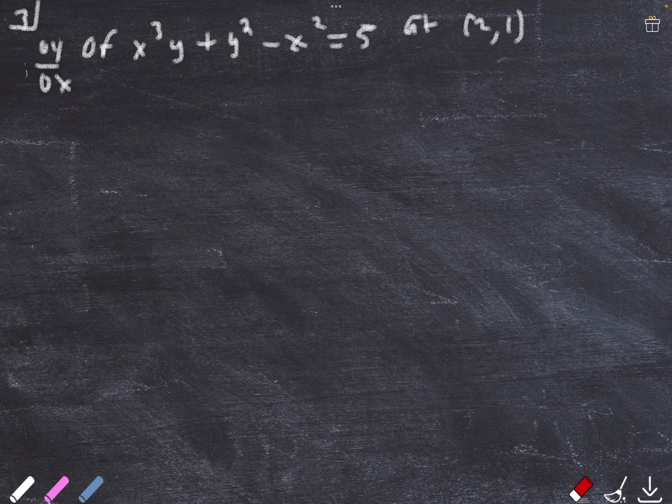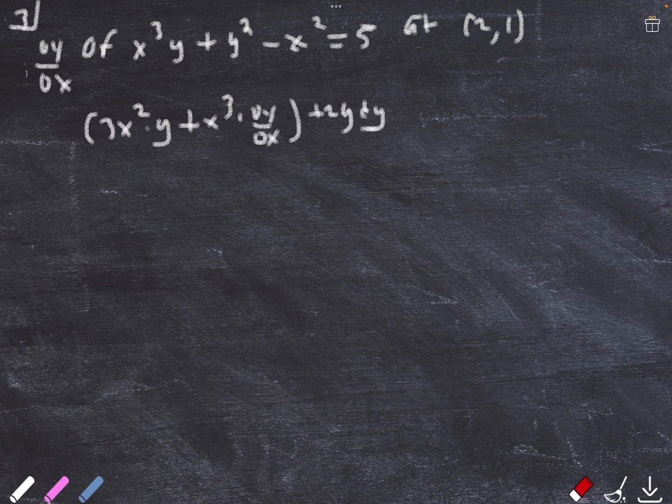So this here is going to be our third equation, and this one's very similar to the first one. So let's get started. Here we're starting off with the product rule. We're going to find the derivative using the product rule. So it's going to be 3x squared times y plus x cubed times dy/dx, plus 2y times dy/dx, minus 2x is equal to 0.